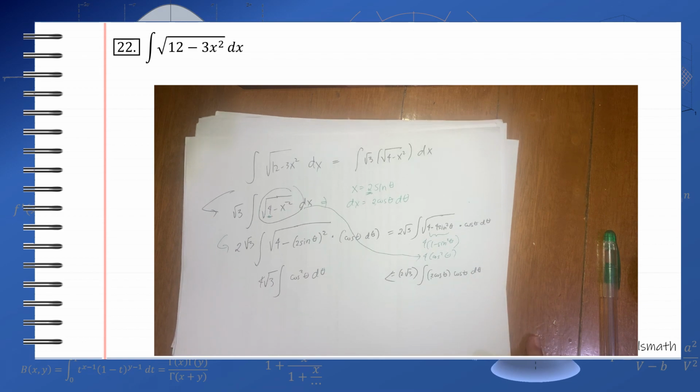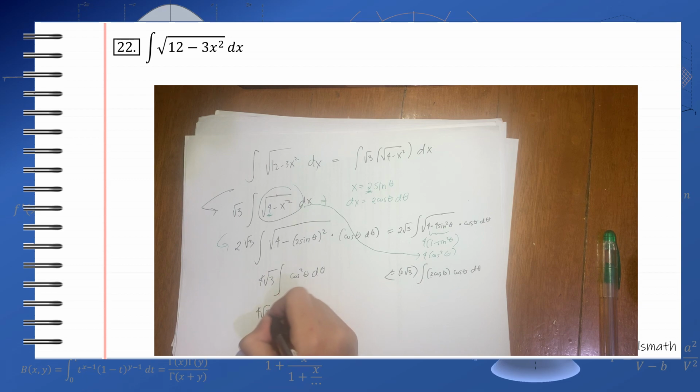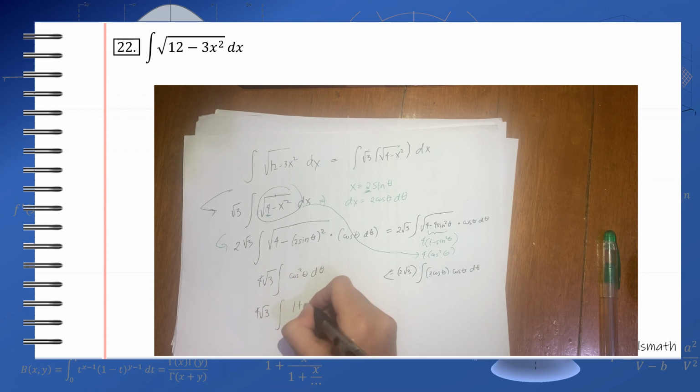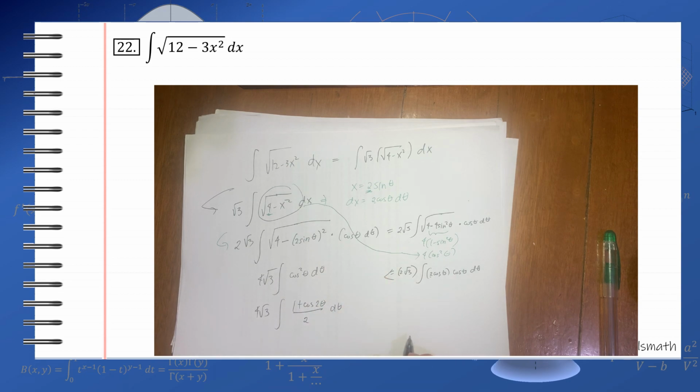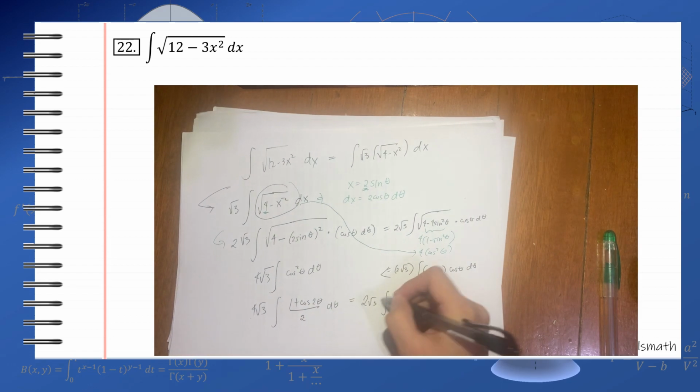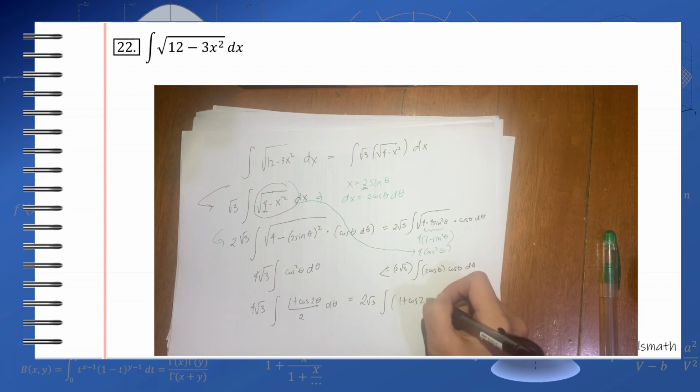We integrate cosine squared by using the half angle identity, the power reduction. So this becomes 1 plus cosine 2 theta over 2 d theta. 1/2 times 4 square root of 3 is again 2 square root of 3, so 1 plus cosine 2 theta d theta.